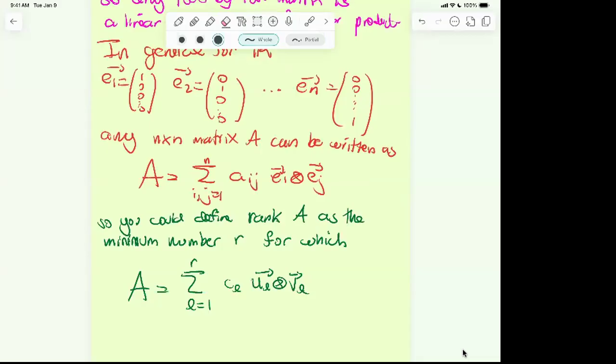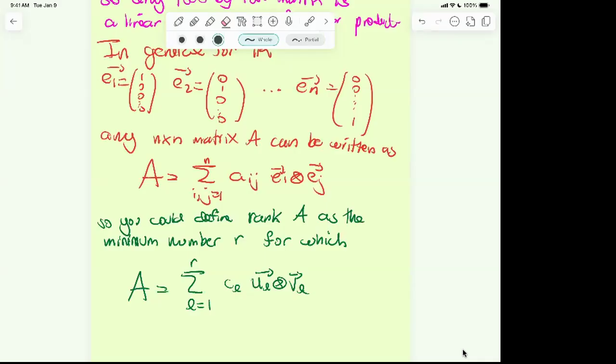The SVD is a little thing anyway for our course. But let me leave it for next time. Next time, hopefully I'll get to why this coincides with the rank that you know from linear algebra. If this were a more formal course, I would call this rank asterisk, to say that maybe this is a different type of rank, but then the big theorem would be that rank asterisk equals the rank that you know of.